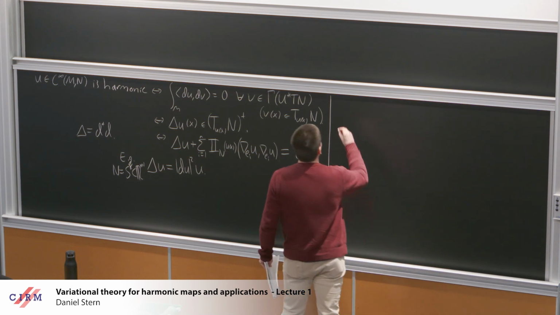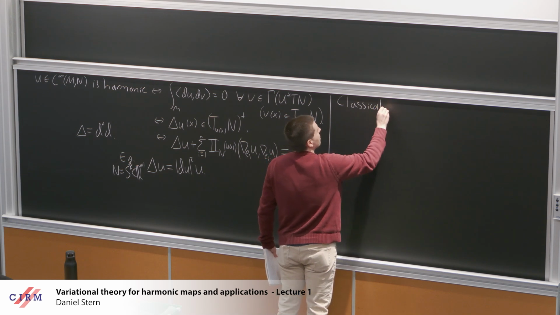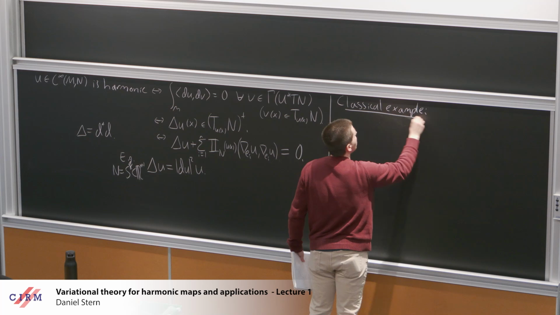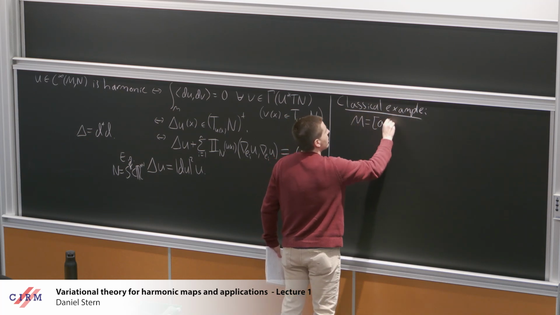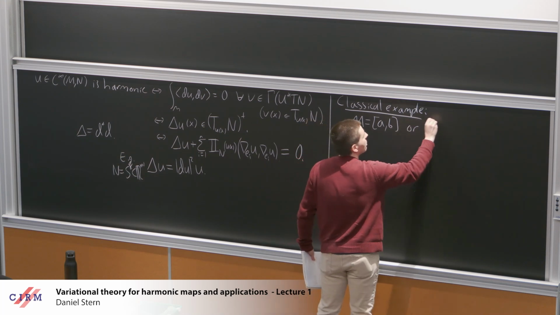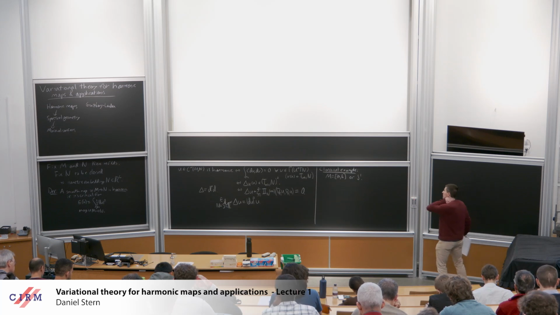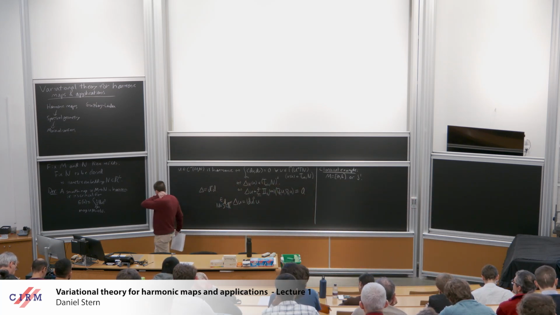Okay, so let me continue telling you things you already know. The most classical example, that's an important source of inspiration, is when our source manifold M is, say, an interval or S1. And in this case, the existence theory for harmonic maps into whatever target we look at is pretty well understood.